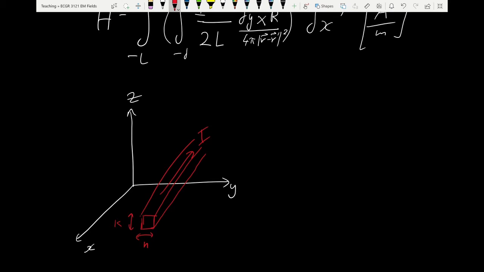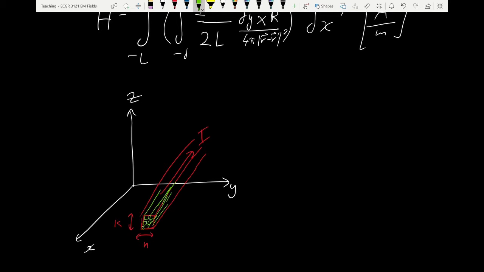Okay, so we have a bunch of filaments here. The filament is this, right? We have a bunch of small filaments that we can divide that into. And then we have to use the Biot-Savart law per filament, and then we have to integrate.